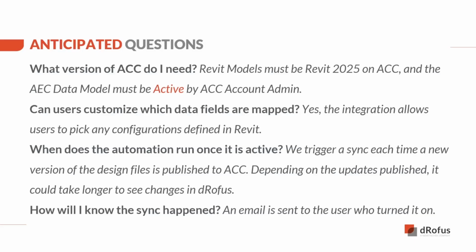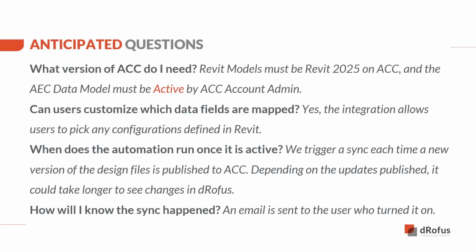Some questions that might come up when you're using this integration to keep in mind. You do need to have Revit 2025, and we are using Autodesk Construction Cloud, not BIM 360. The AEC data model must be activated in the ACC account admin.